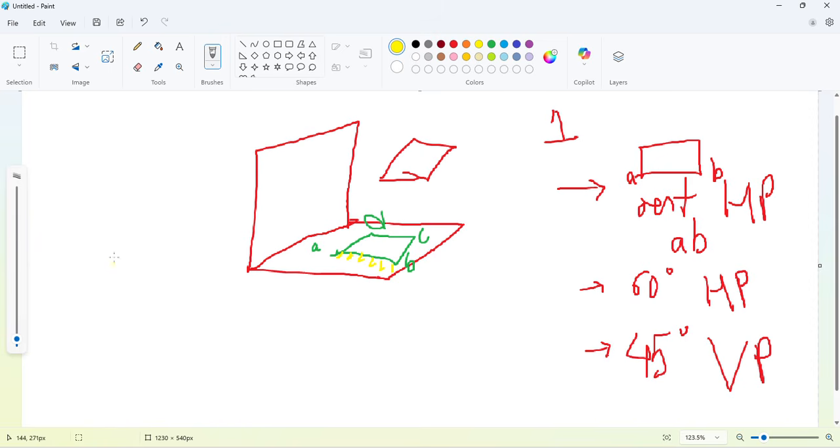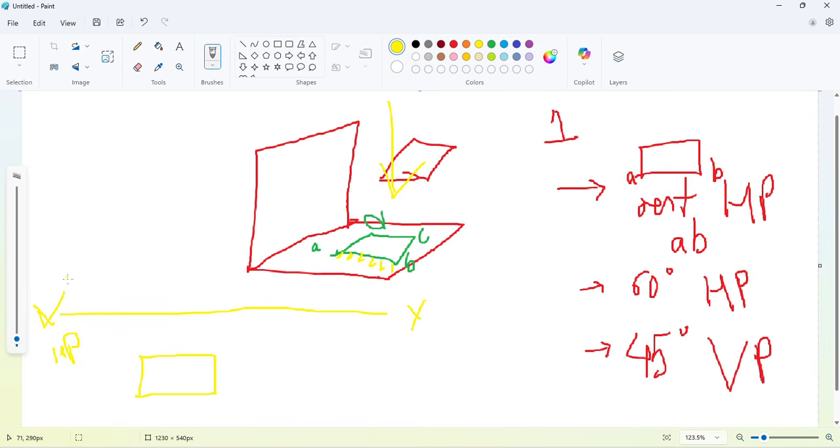For this, the projection from the top will appear as a perfect rectangle, because it is resting on HP. Suppose this is XY, and if you observe this rectangular plane from the top, the exact dimension of the given rectangular plane will appear on the top view or on HP.